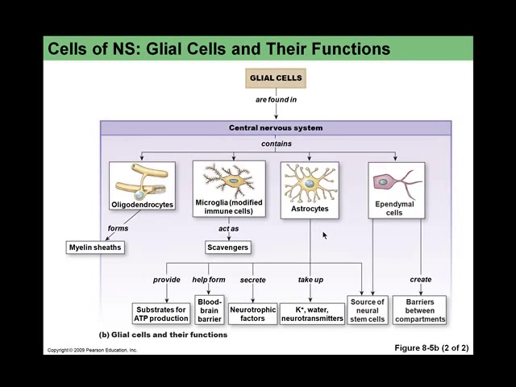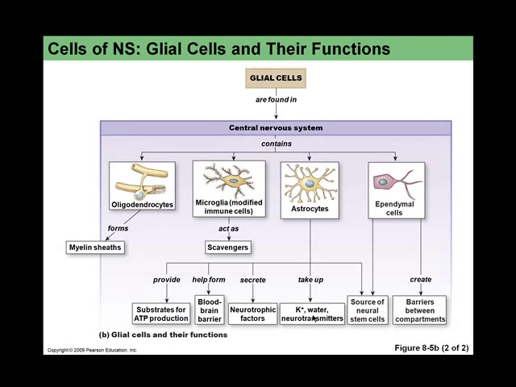And then the astrocytes are taking care of predominantly everything else. They provide substrates for ATP production. They help form the blood-brain barrier. They secrete neurotrophic factors. They take up potassium, water, and neurotransmitters. So they are attending to the interstitial portion of the extracellular fluid compartment surrounding the neurons.